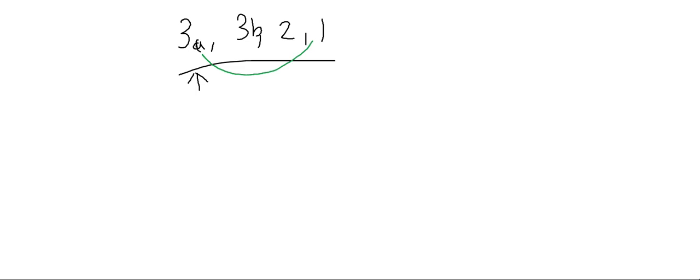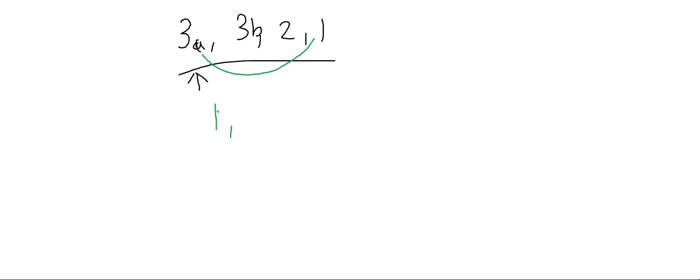So I have 3, 2, 3, and 1, and I want to sort this array. Let's consider this as 3a and this as 3b. Now when I sort this using the selection sort, my pointer will be here. I'll find the minimum element, which is 1, and I'm going to swap these two.